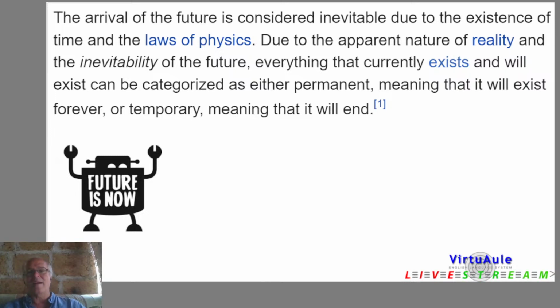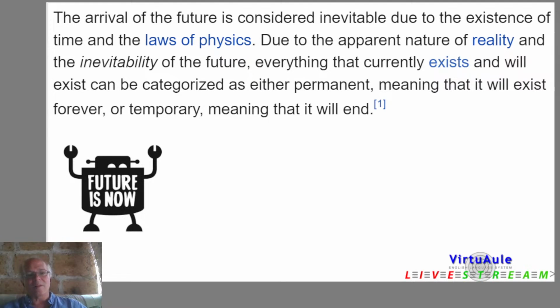So here we have some linguistic considerations. We have the word will, right? Everything that currently exists and will exist. Exists is the present and it's expressed in the present tense. Everything exists and everything will exist.